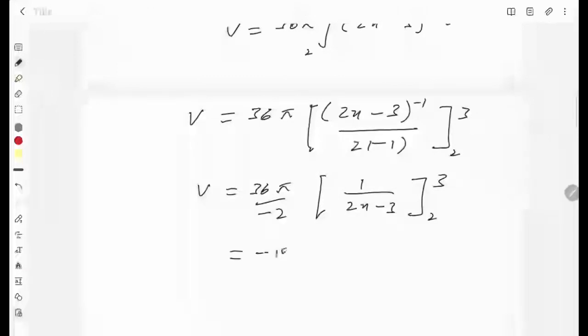This will become minus 18 pi, and here you can apply the upper limit first in place of x. So 2 into 3 will become 6, upper limit minus lower limit. 2 into 2 is 4.